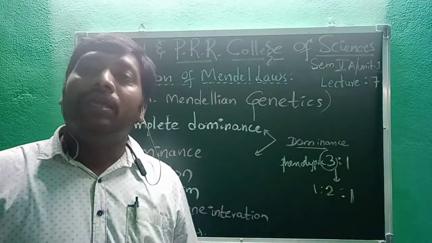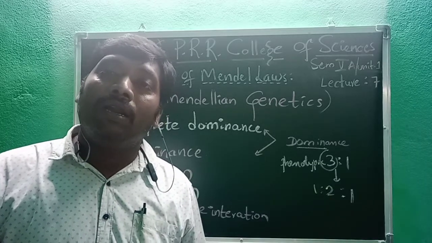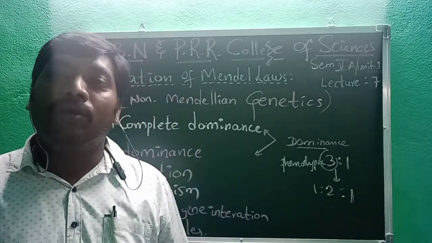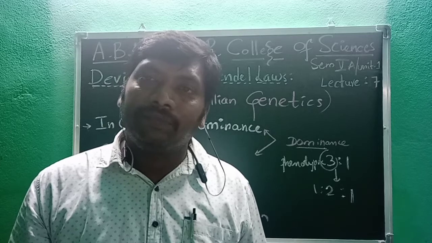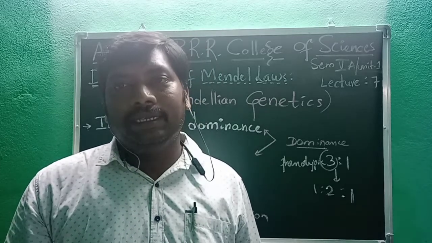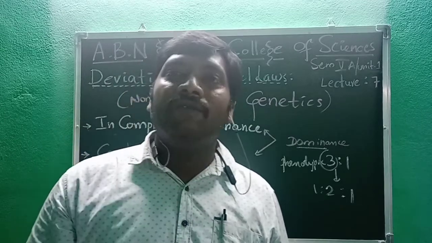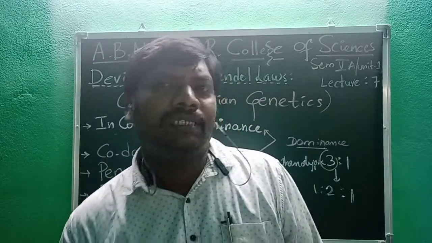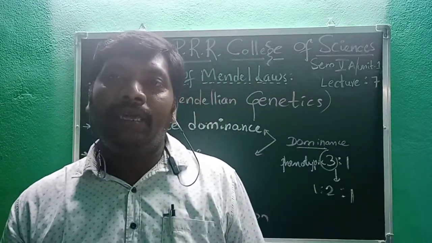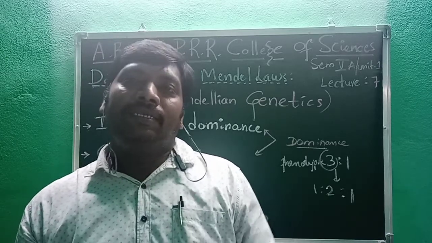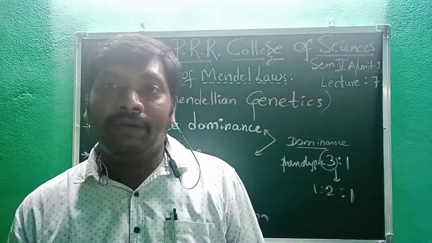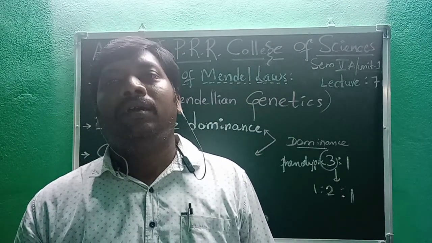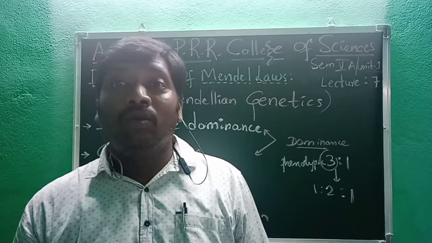For example, in human beings, according to Karl Landsteiner, he described in 1900 the ABO blood grouping system in men. According to Landsteiner, he identified the blood group system. The first ones are the A group, B group, AB group. Up to now, Landsteiner introduced these three types of blood groups. And moreover, the other blood group is the O group.